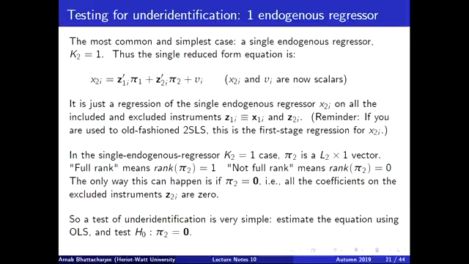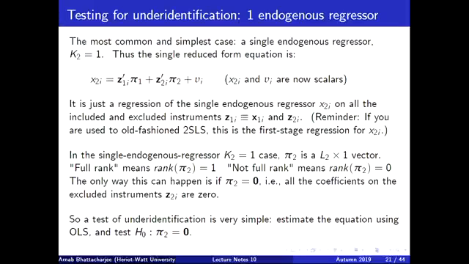So this is like the first stage of a two-stage least squares estimation. So what is pi2 here? Pi2 is an L2 by 1 vector, L2 being the number of excluded instruments.